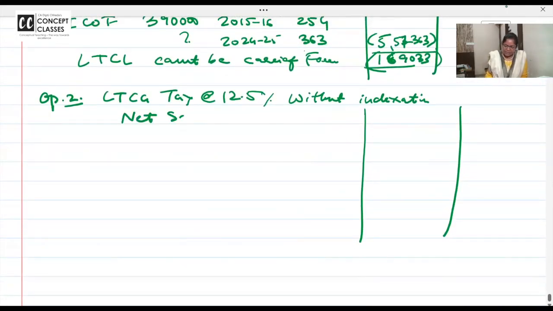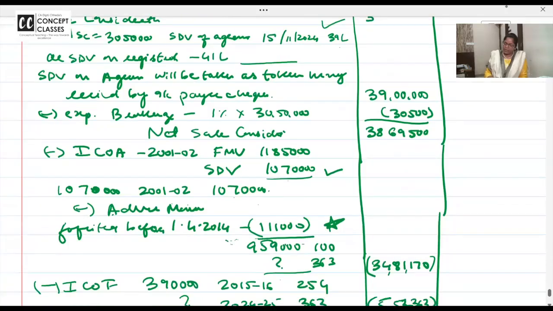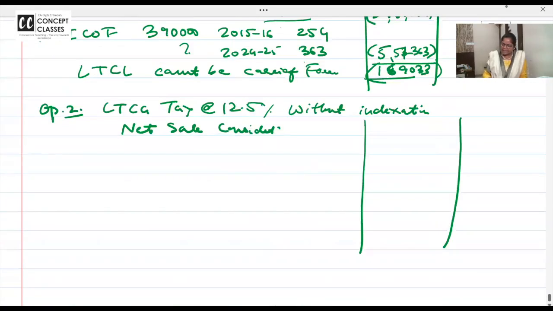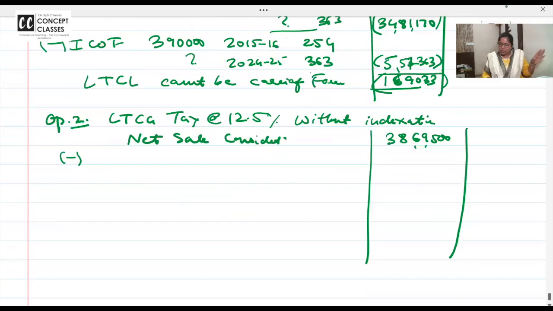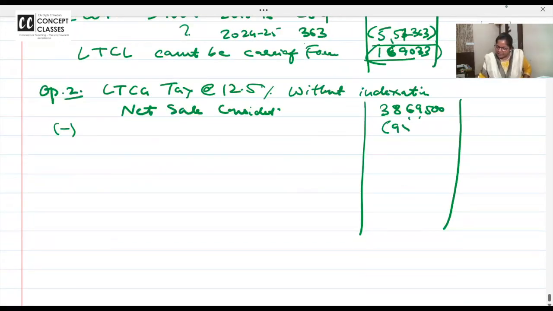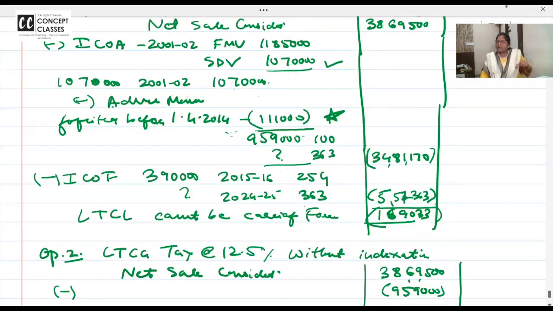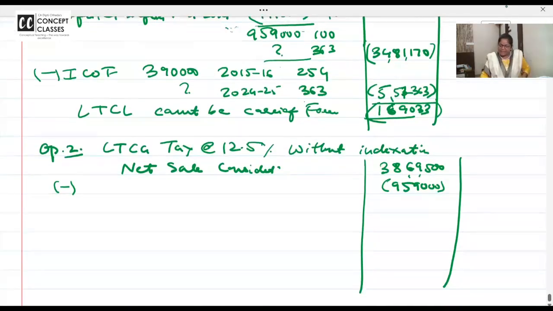Again, we start with the net sale consideration after brokerage and all: 38,69,500. This is the net sale consideration. Now don't do indexation. Directly take the cost, 9,59,000. Why 959? Because from cost you will reduce the amount forfeited, but don't do indexation.